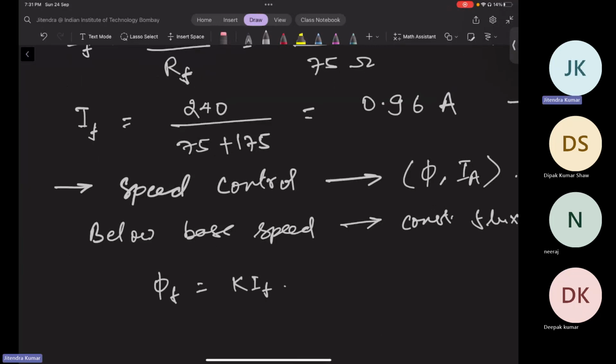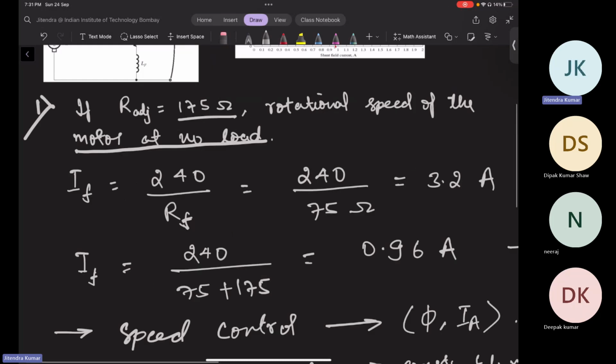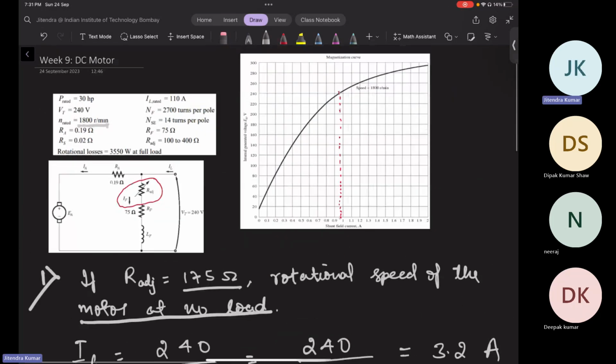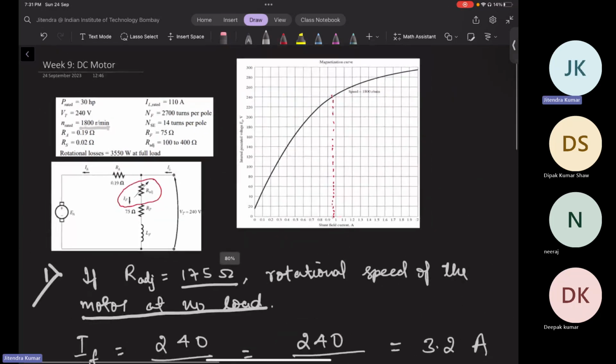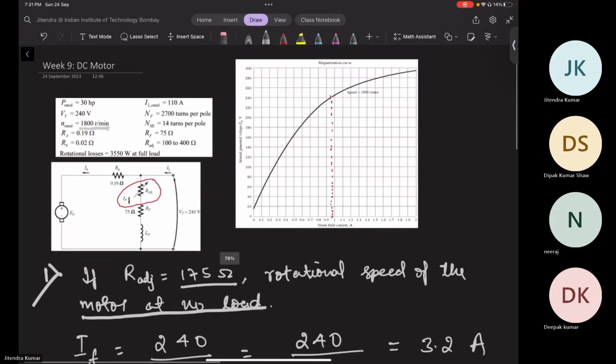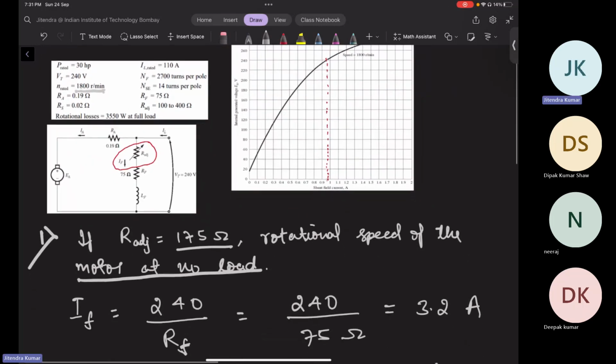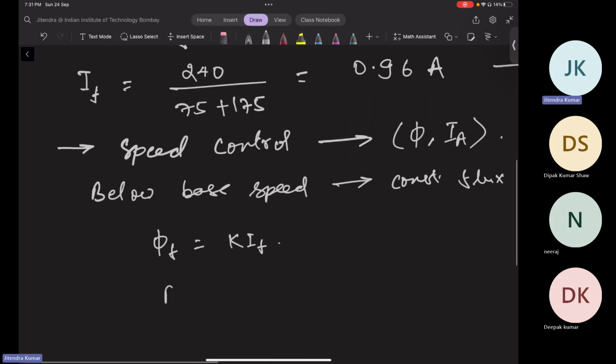So it will be linear. That is the thing: the rotational speed you are keeping the same, but you are reducing the field current, and that will lead to reduction in your induced EMF, K phi f omega.